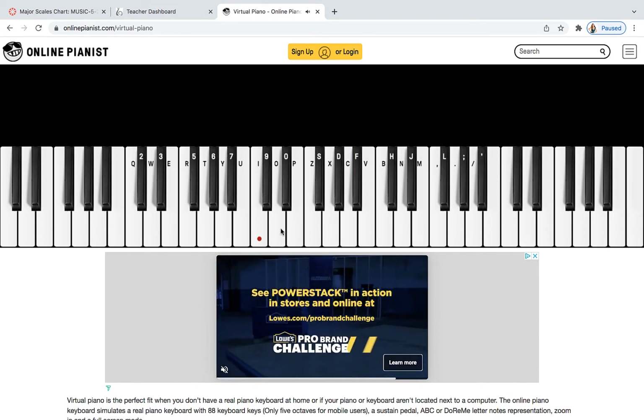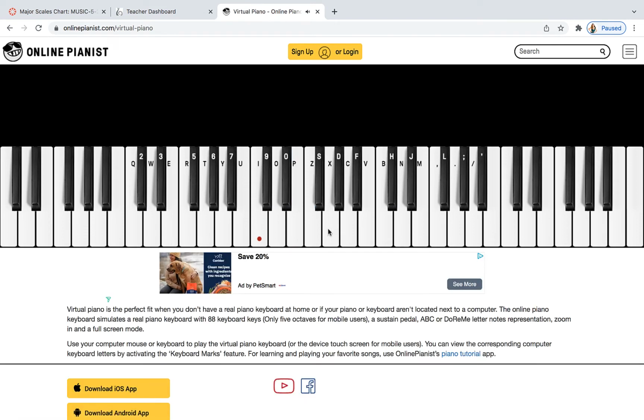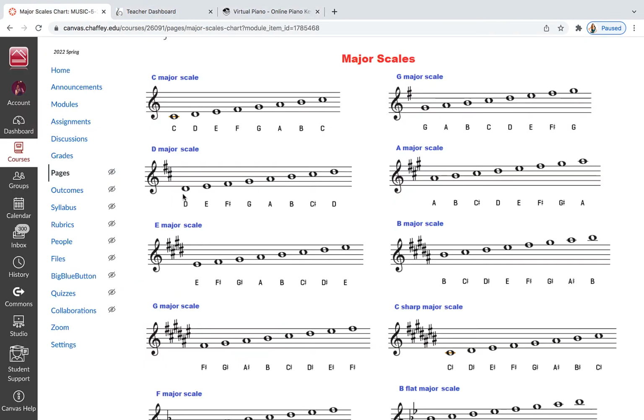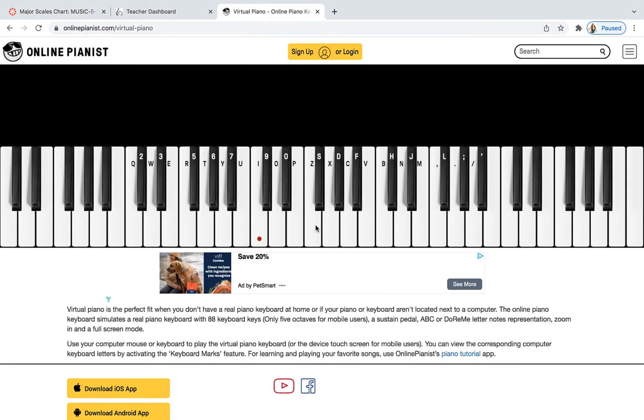See what I did? So when we say the D major scale, we're going to say D, E, F sharp, G, A, B, C sharp, D. We will not call this F sharp G flat, even though F sharp and G flat are the same key.